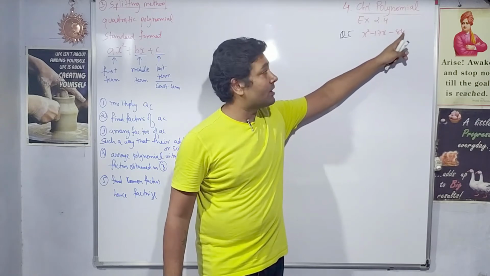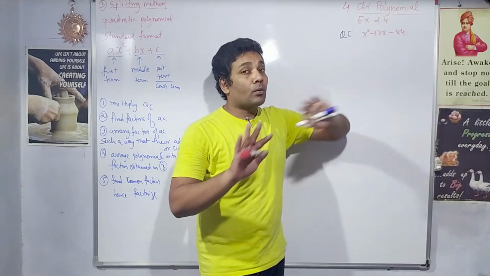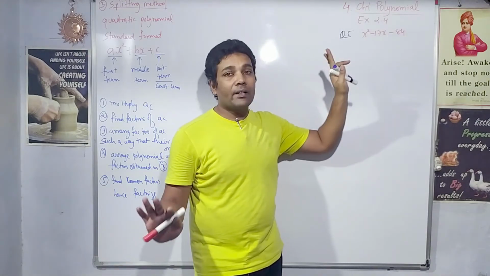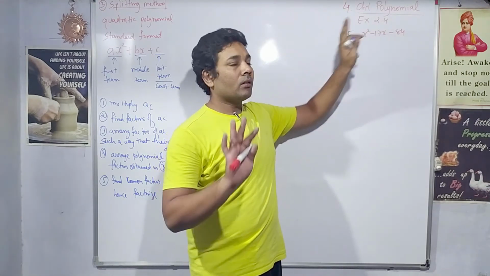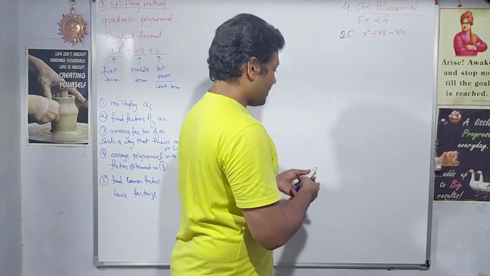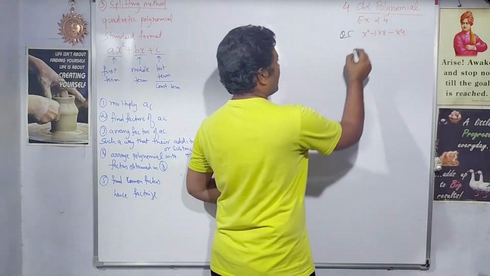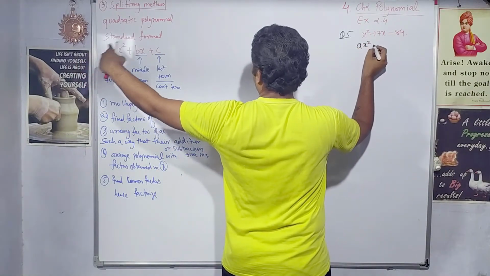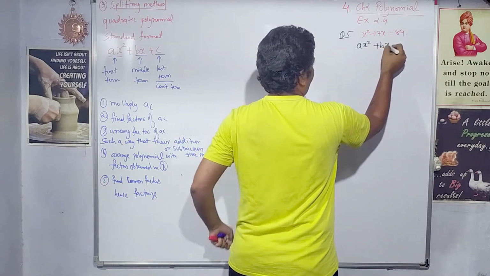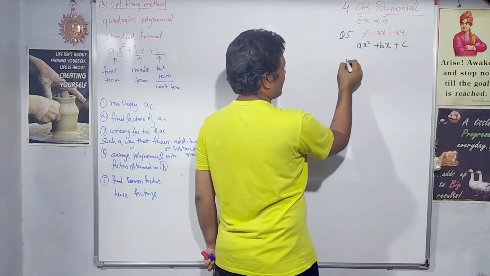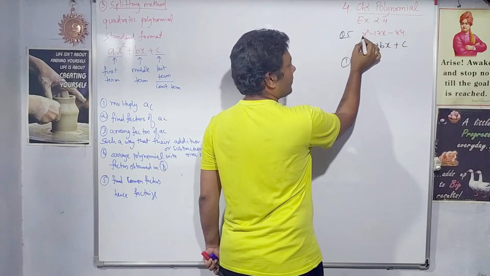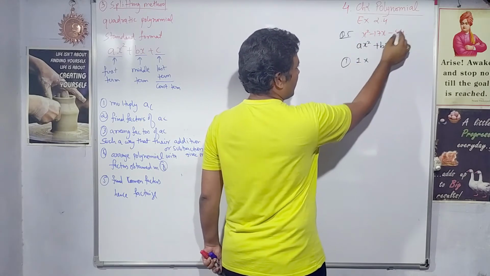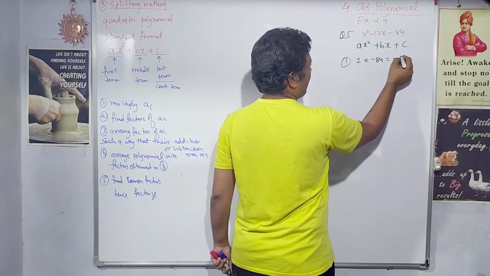See the last term, it is a very big number, so don't dare to use hit and trial. Best is the splitting method. You see a quadratic, so let us use the splitting method. General or standard equation, ax square plus bx plus c. So step 1, multiply a and c. We don't have anything with the x square, so we can write down 1. And what is c? Minus 84.